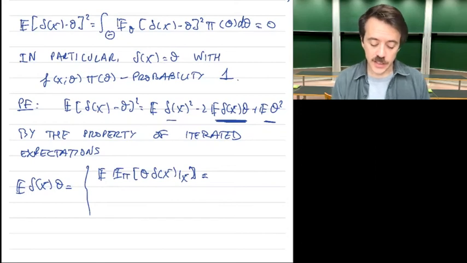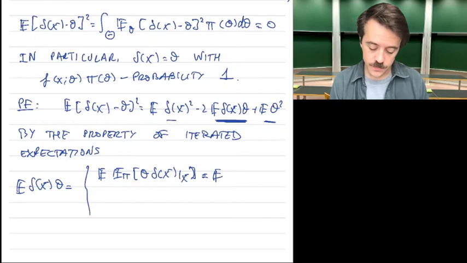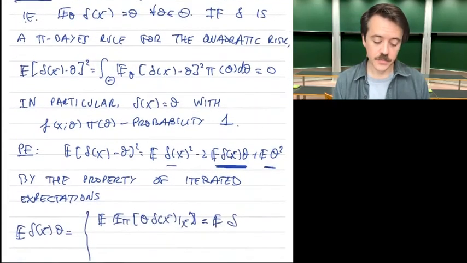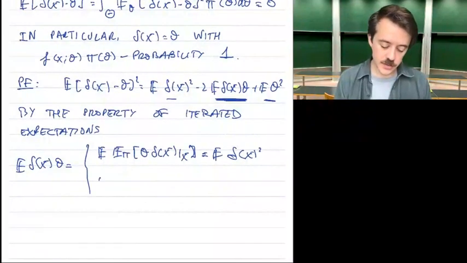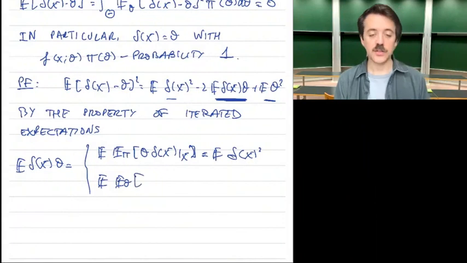So that's actually delta, because we're assuming in this theorem that we have a Bayes rule. That's actually the only one. So we get this squared, and then let me now take the expectations in the other order.